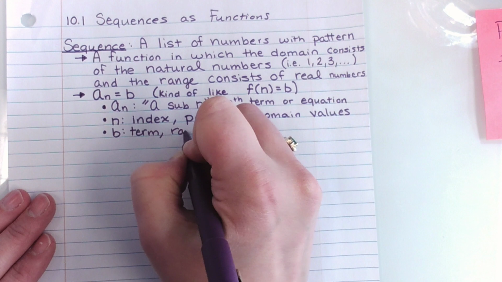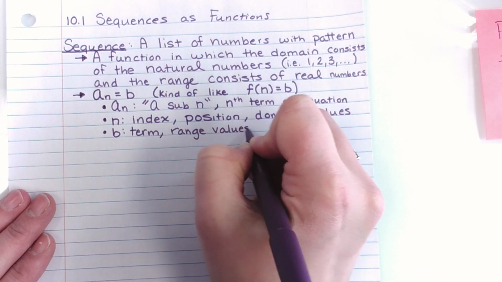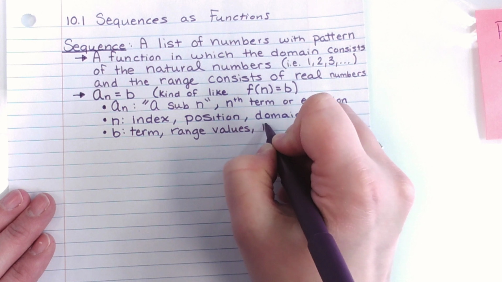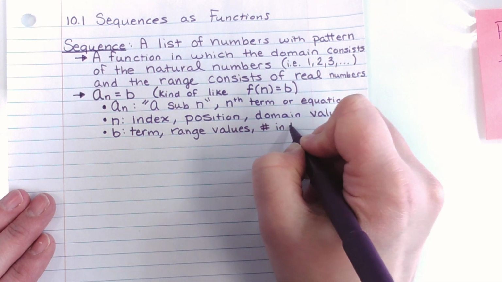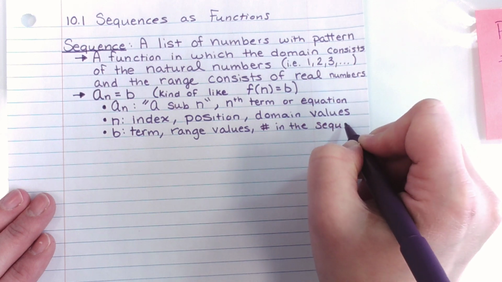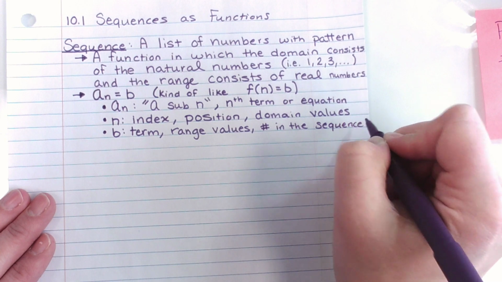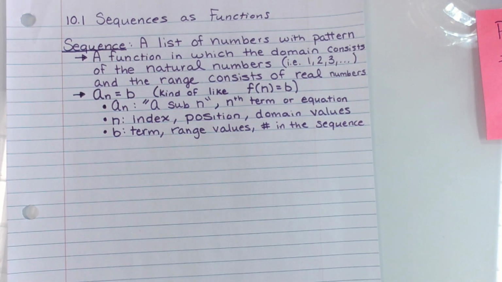It's where our range values go. It's the actual number in the sequence. That b, if it's a plain number, is a number in a sequence, but you could also put an equation in that location, which I already essentially stated. a sub n is equal to that equation.